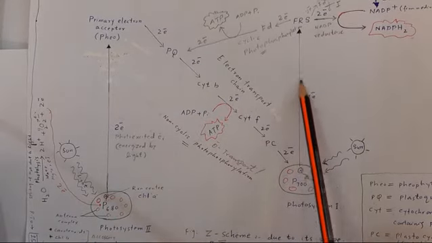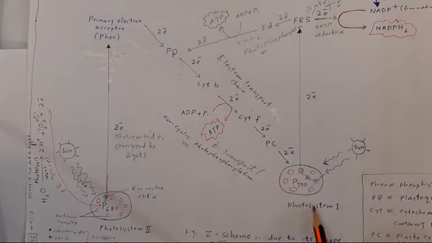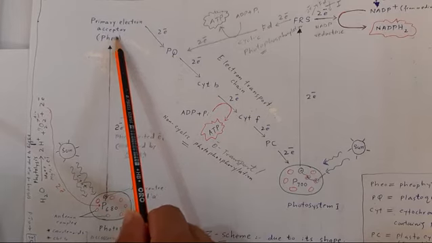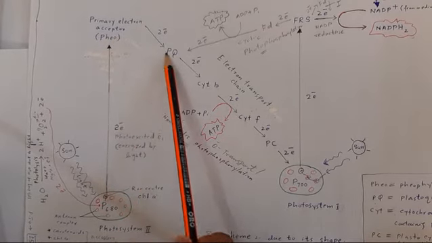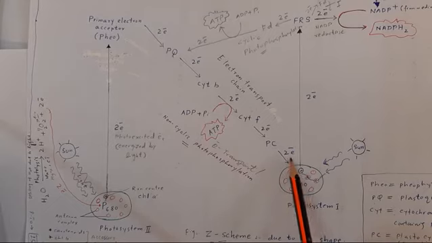This is cyclic electron transport, as the electrons are transported back into photosystem 1, and the other is non-cyclic. Non-cyclic starts from photosystem 2 to primary electron acceptor, then into a series of electron carriers, and finally the electrons are received by photosystem 1.